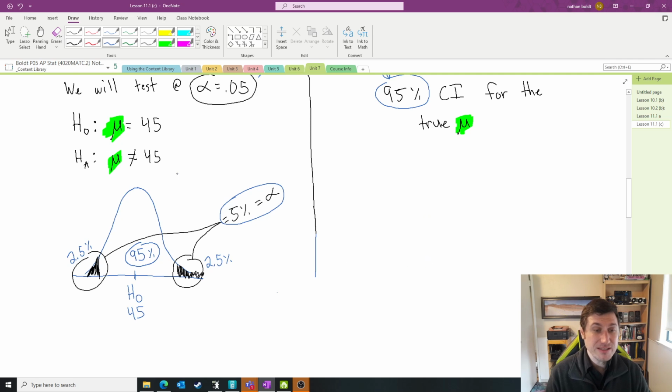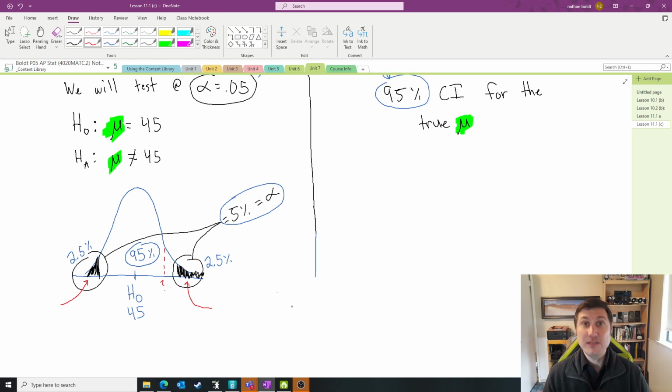Where is our sample? Is our sample in the middle, somewhere over here inside the 95%? Or is it somewhere in here or over here in those very rare tails that would give us evidence against the null?